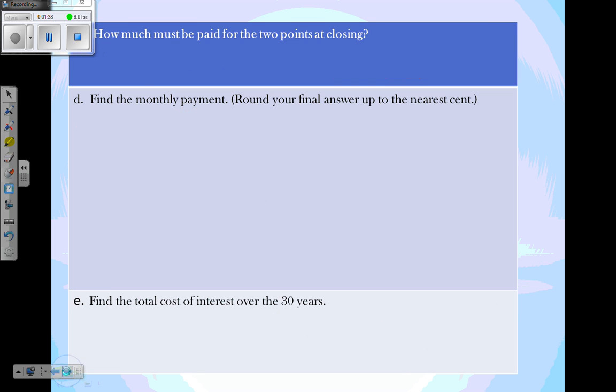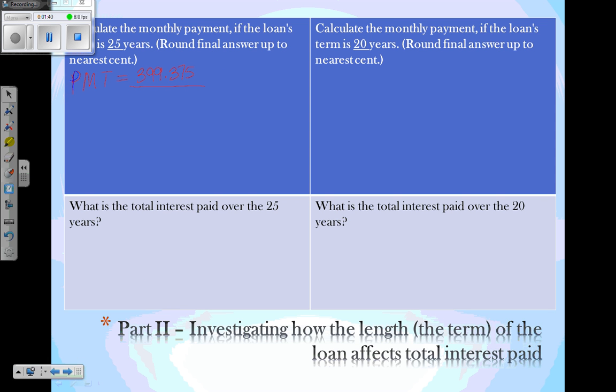So basically, all I have to do here is now, in the denominator, it'll be 1 minus parentheses 1 plus parentheses 0.0375 divided by 12. Now we're going to raise that to the negative nt power.